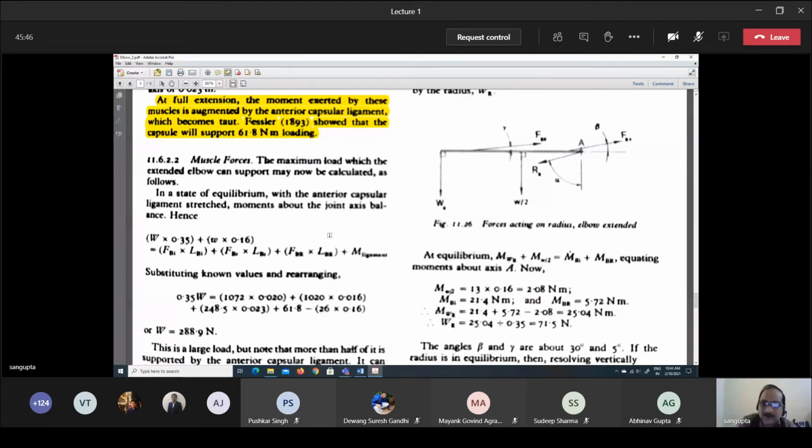Obviously, if there is no sliding, that means something is pulling it in the opposite direction, and that is the contribution of the ligament forces. So this is just to give you some basic idea. If you really want to do a detailed calculation, you have to follow the inverse dynamics principle and take into account a lot of things.